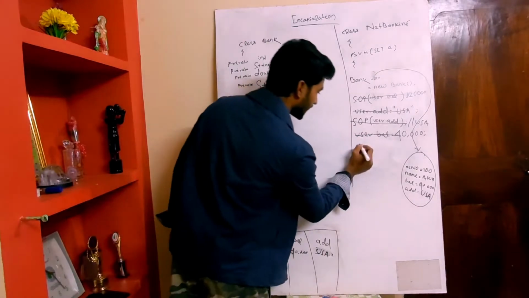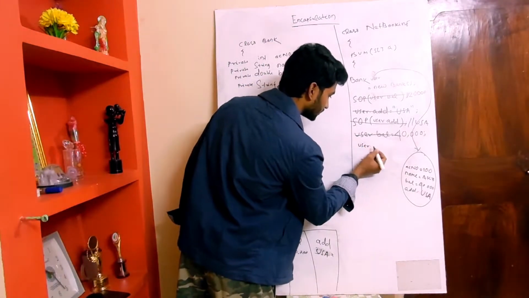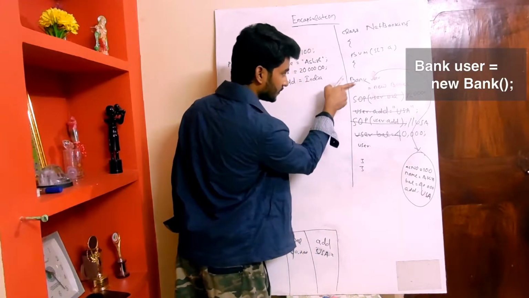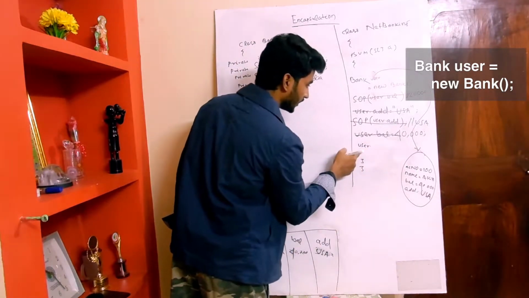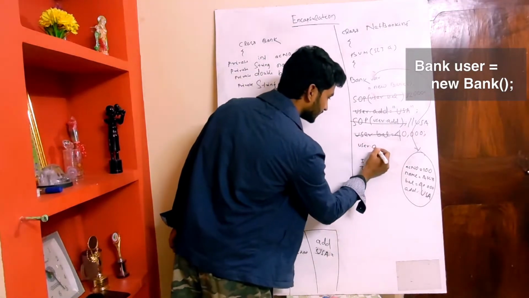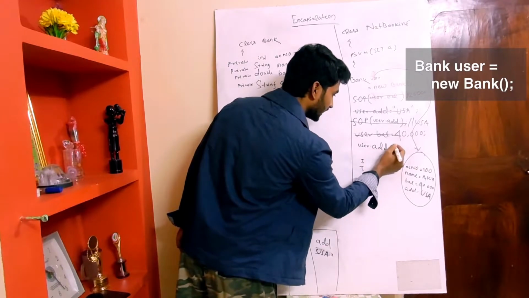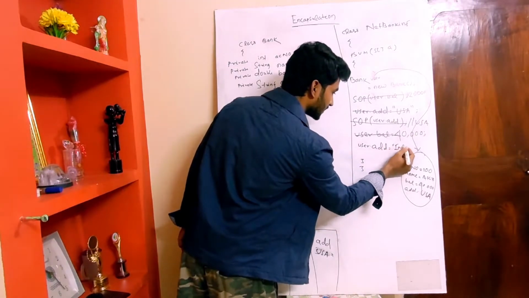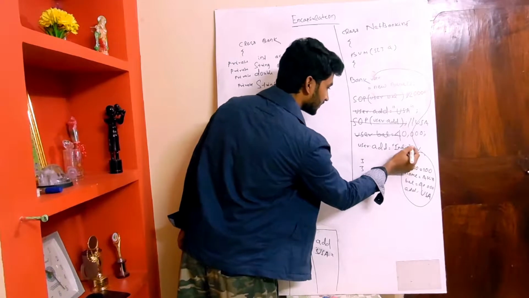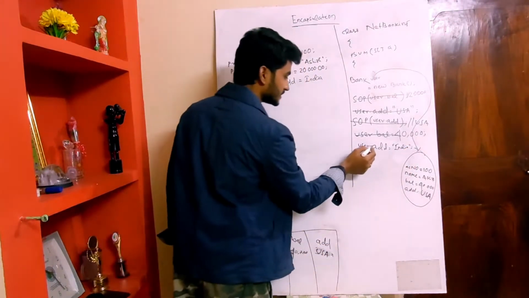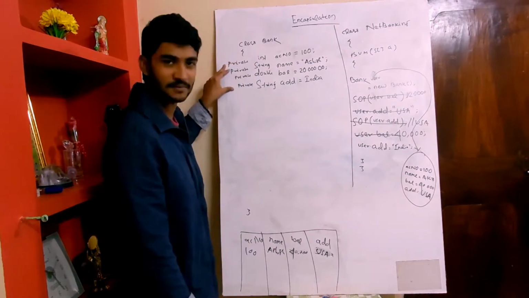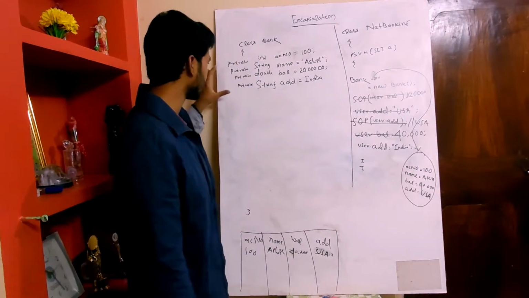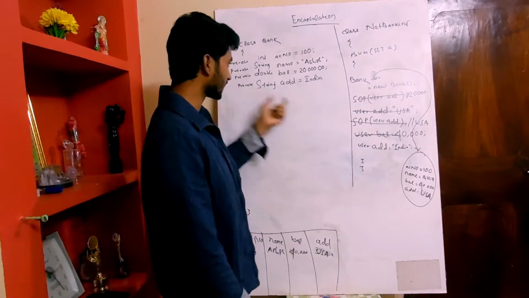Whenever he does user.add equal to India, user is my bank variable, just to remind you, he just gets an error, right? This code is not working, because I already made all this private. So nobody can access these variables outside of the class.